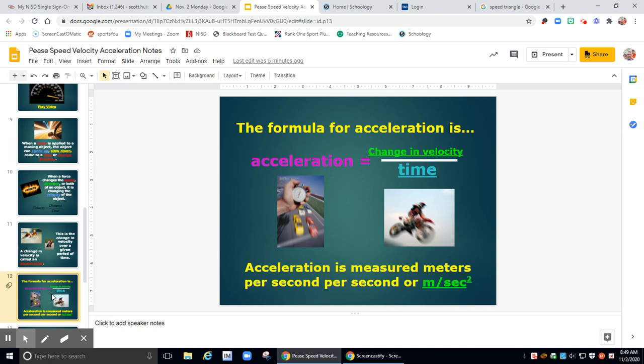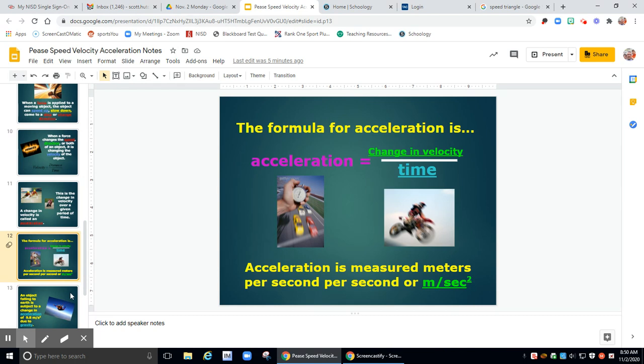So if the change in velocity was 20 meters per second and it took you 2 seconds to do that, then your acceleration would be 10 meters per second per second. I know that sounds weird, but what that means is for every second you traveled, your speed increased by 10 meters per second. So that's why we say 10 meters per second per second. All right. So that's how we calculate acceleration, and we'll get to calculating acceleration a little bit later on in the week.